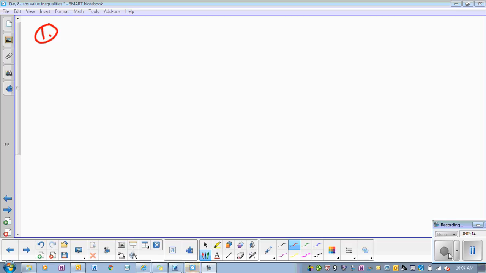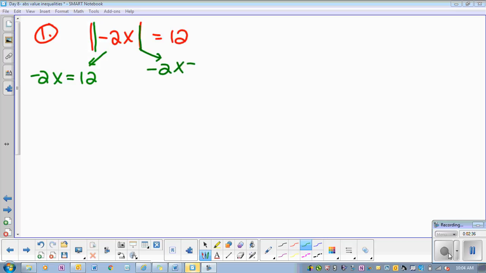Okay, so number 1, absolute value of negative 2x equals 12. So remember, my goal is to get the absolute value bars all by itself. This one already is. So we're going to drop the bars and write it twice. So now we have negative 2x equals 12. The second one is going to be negative 2x equals what? Negative 12. Good.